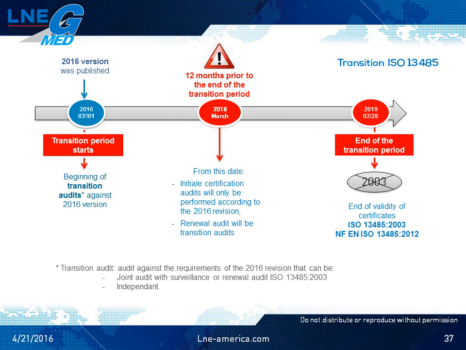In the 3rd year, however, all initial audits or renewal must be made according to the 2016 revision. And as for LNE/G-MED, all follow-up audits carried out after October 2018 will take the 2016 version as reference. It is certain that the renewal audit is the easiest transition audit to manage. However, a transition audit can be performed with a surveillance audit or as an additional audit.